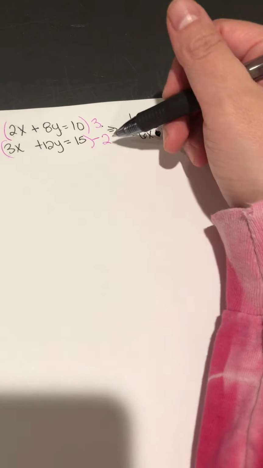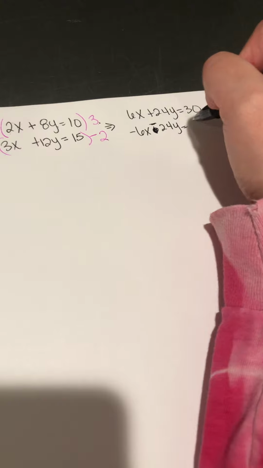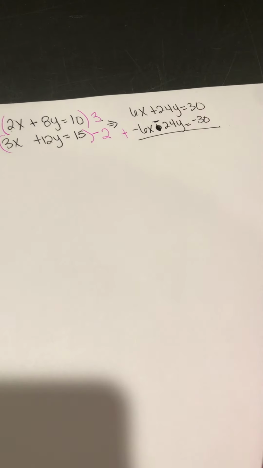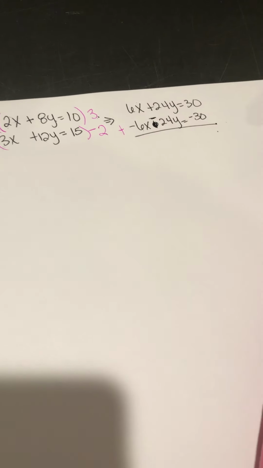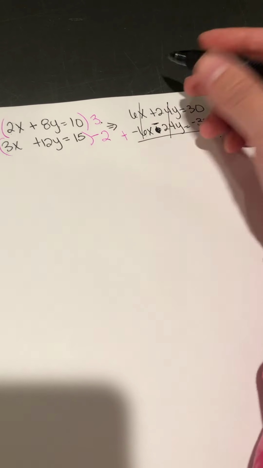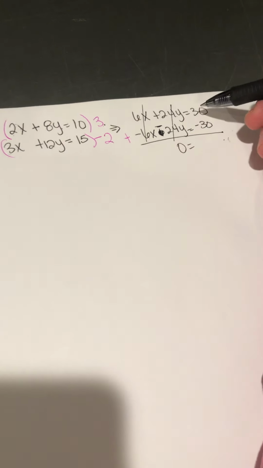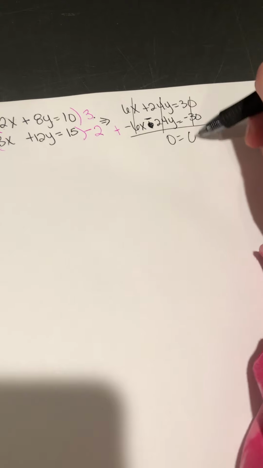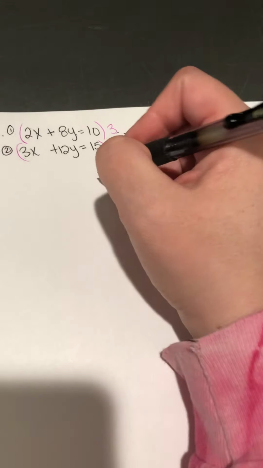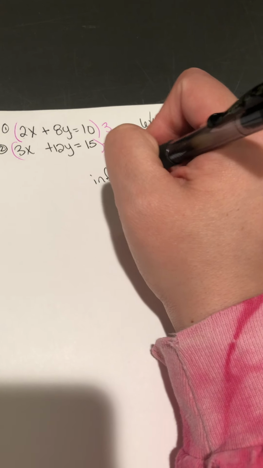And negative 2 times 15 is negative 30. So now I'm going to add. 6x plus negative 6x is gone. 24y plus negative 24y is gone. So I have 0 equals 30 plus negative 30, which is also 0. That's a true statement, which means we have infinitely many solutions.